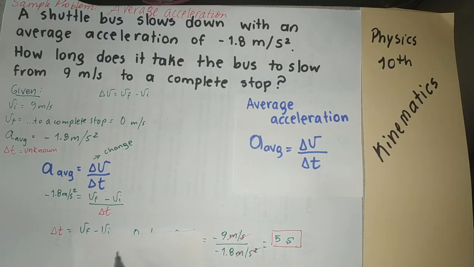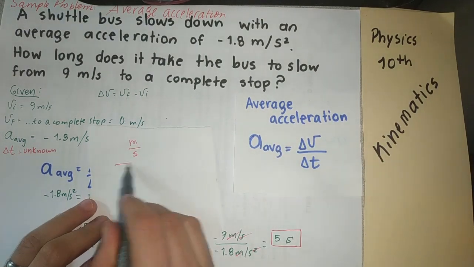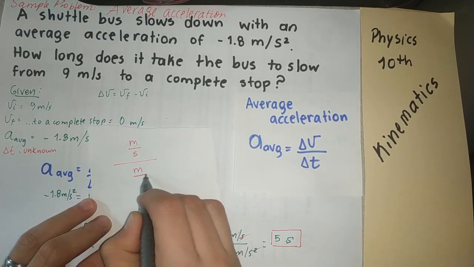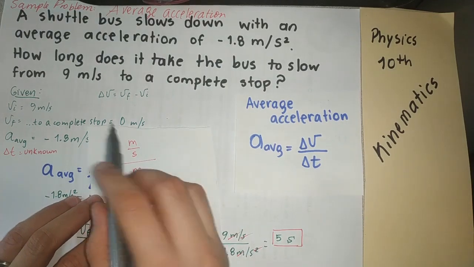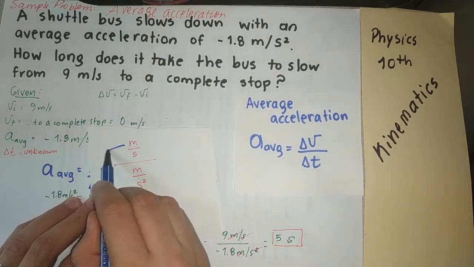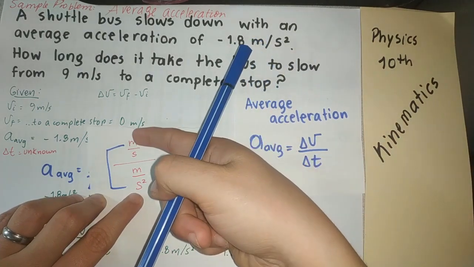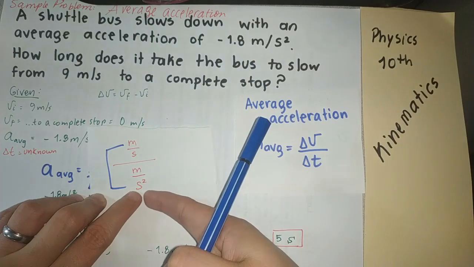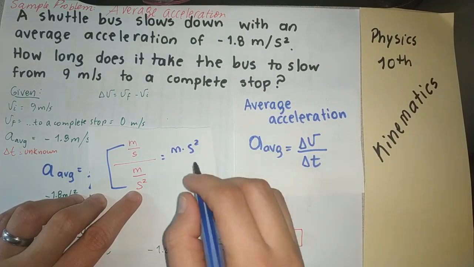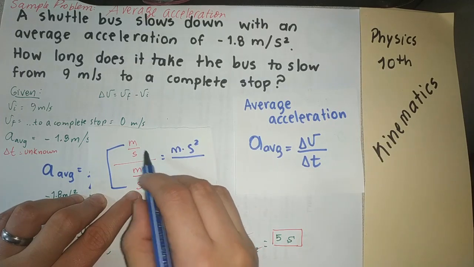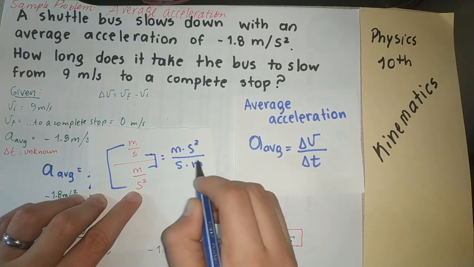Okay, so you have meters per second in the top divided by meters per second squared. We have here what we call a sandwich. Those that are in the top and in the bottom are going to be multiplied: in the top, meters and second to the second power, and these that are in the middle are going to be below, seconds times meters.